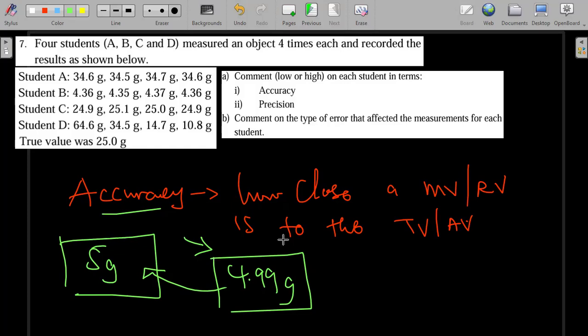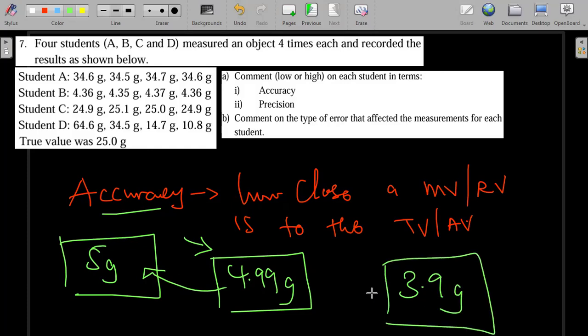But what if I measured this 5 grams and then I got 3.9 grams? It means this 3.9 grams is not close to the 5 grams, which is the true value. So we are going to say that this measurement here, the 3.9, is not accurate, because it's not close to the true value.